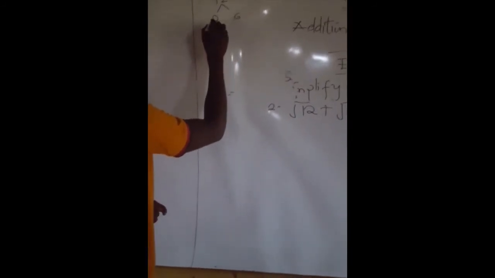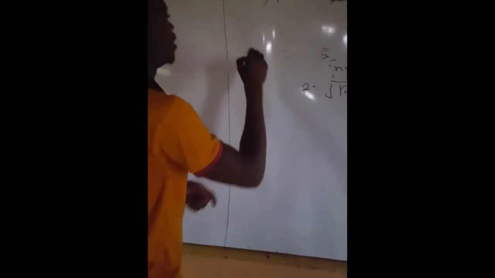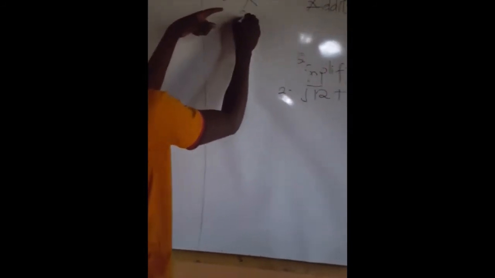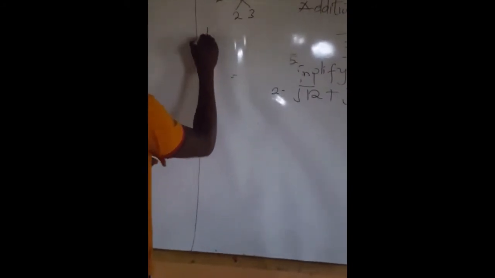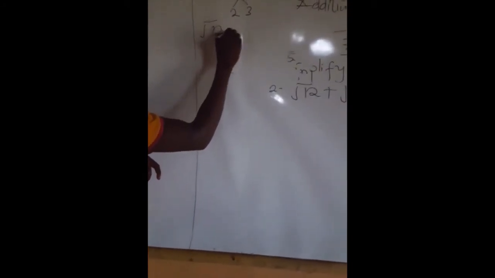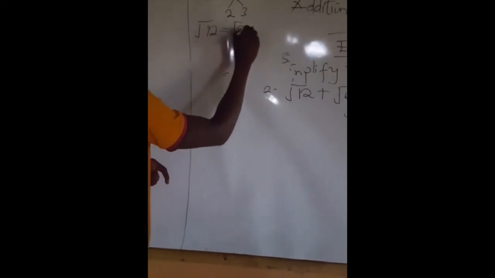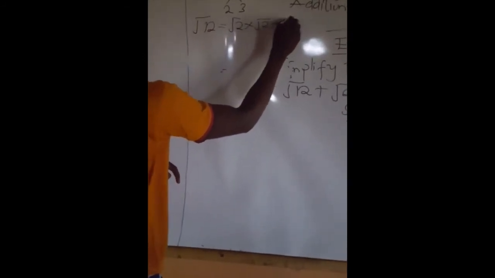So here we go by the same method of simplifying each set. So we begin with 12. So 12 we are going to have 2 times 6. This is a prime number, this is not a prime number. Let's break it down. So we are going to have 2 and 3. So it simply means root 12 can also be written as root 2 times root 2 times root 3.